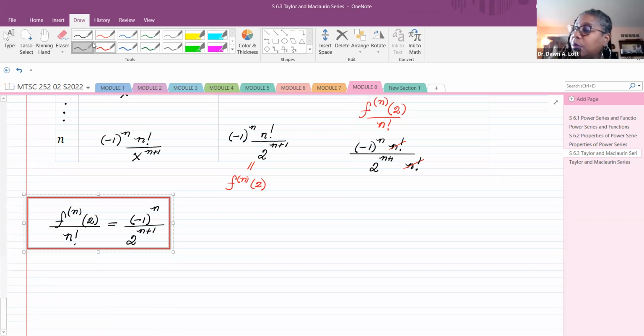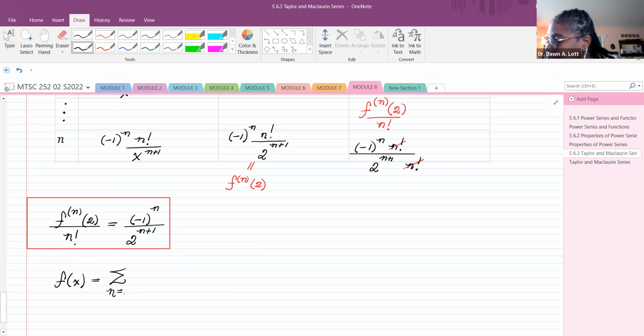Okay, so now we have f of x is the sum n equals 0 to infinity of the nth derivative at a divided by n factorial times x minus a to the n.